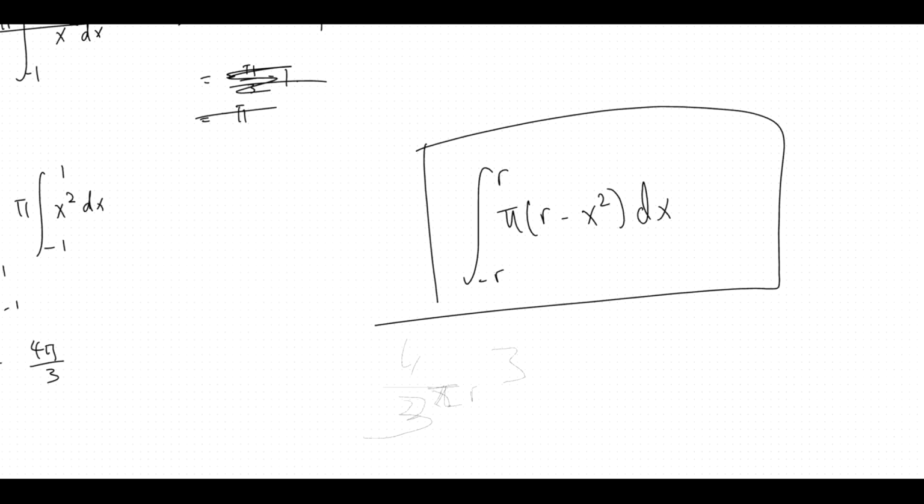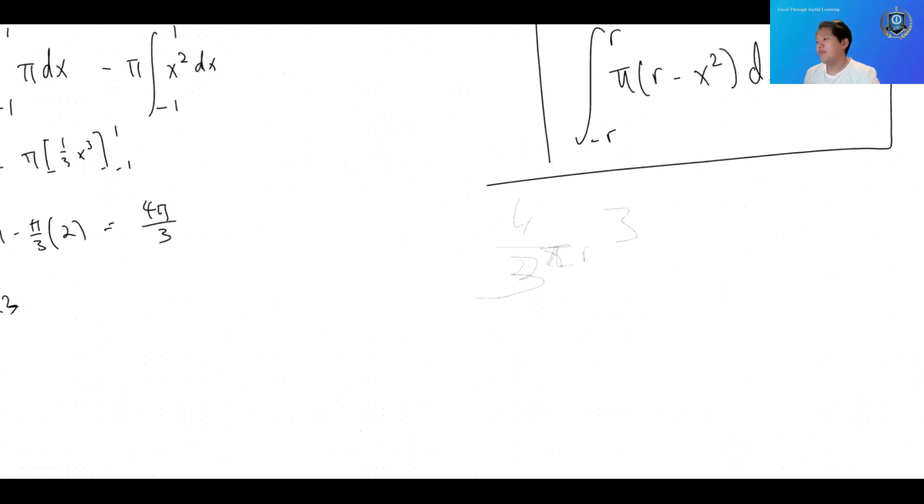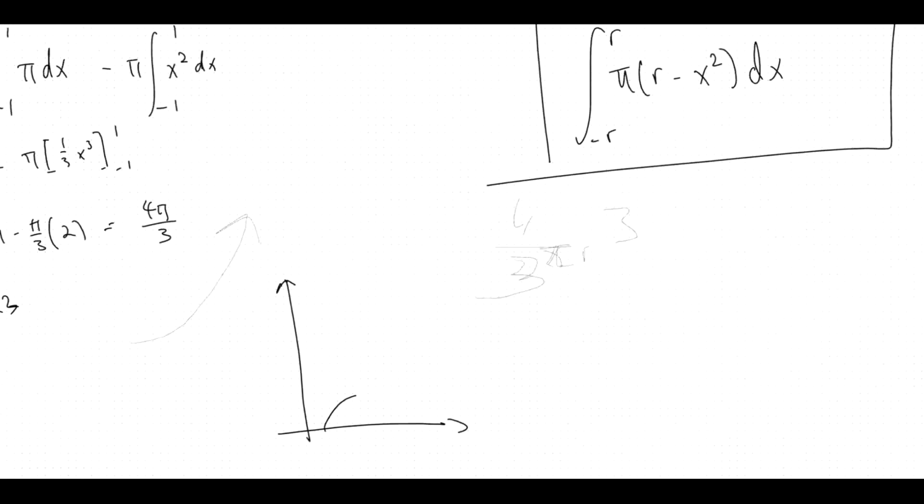I'll give you an example. Imagine you have a graph like this, and you're asked what's the actual length from this point to that point, the curved line itself. There's a formula for it. It's actually quite pretty.